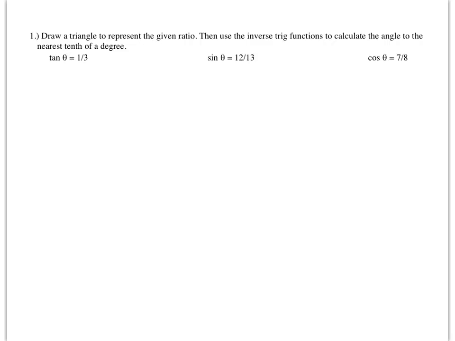Okay, so these questions are asking us to first draw a triangle to represent the given ratio, and then we're going to use our inverse function to find the actual angle. So let's go ahead and draw a right triangle. Don't worry about what the other side lengths are. It doesn't matter if it's not exactly matching the lengths that we have. Just draw a right triangle, and let's pick one of our angles to call theta. I'm going to pick this one here to call theta.